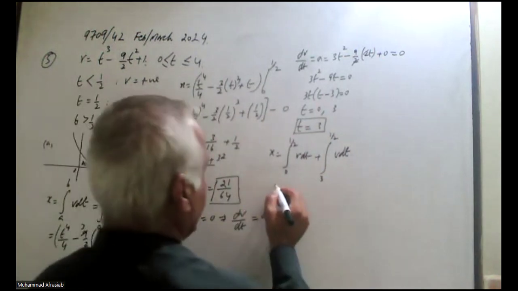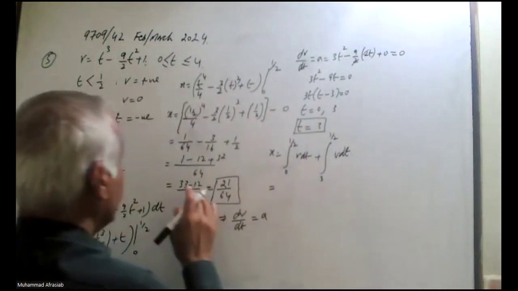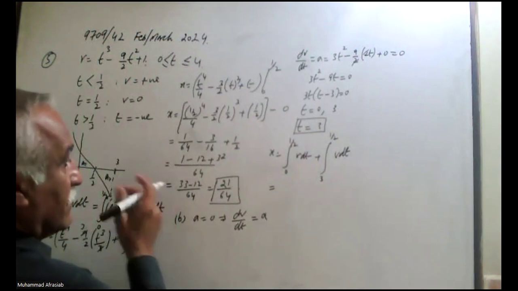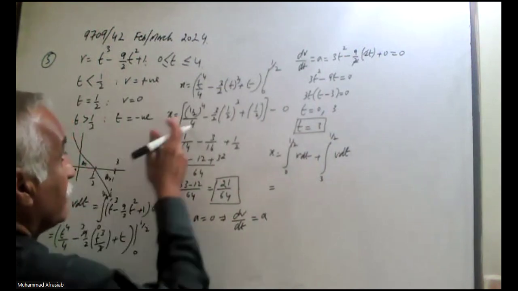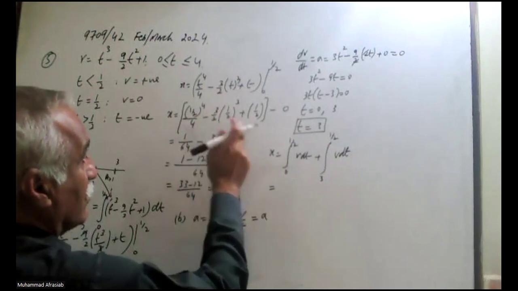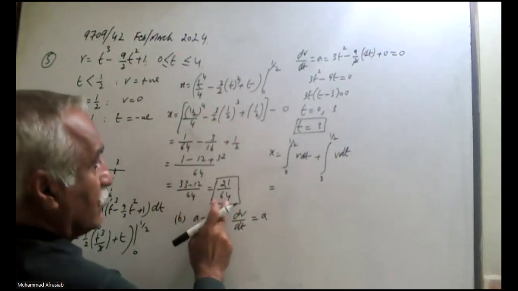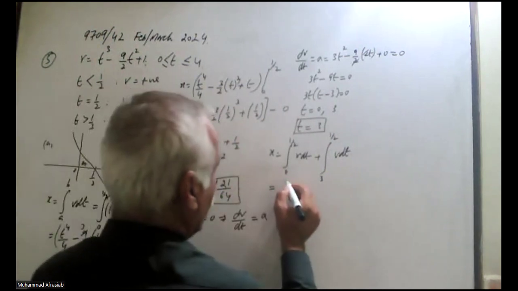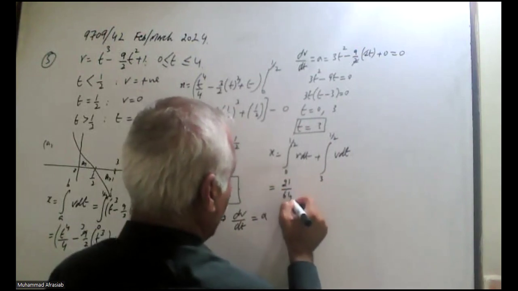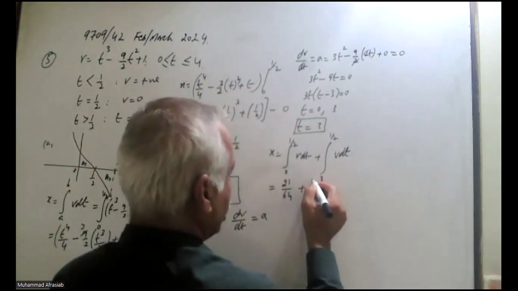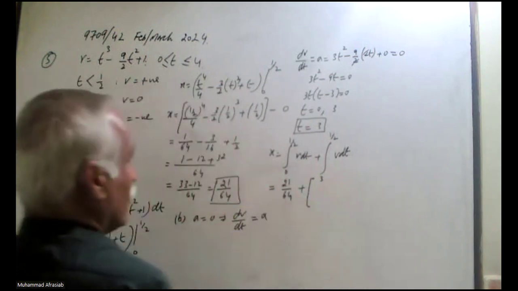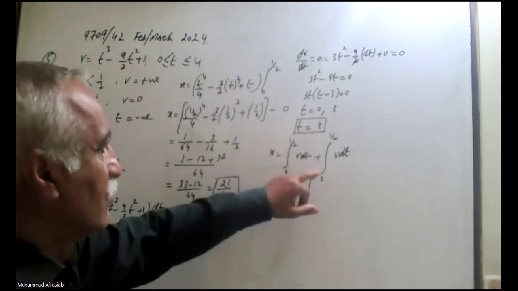So this integration of velocity is equal to the first part, 0 to half, which is 21 over 64, plus, now we put first the upper limit, then the lower limit.